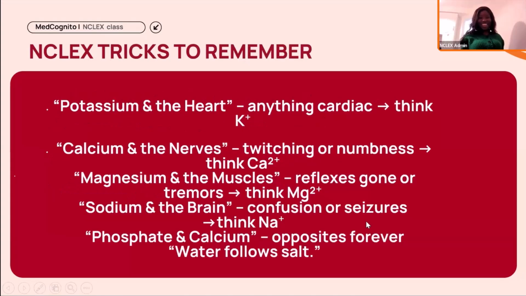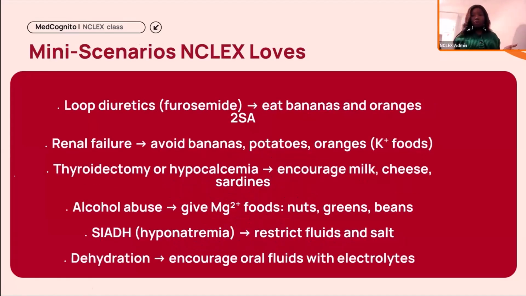Interesting. So remember, potassium is for the heart, calcium for the nerves, magnesium for muscle, and sodium has a lot of impact on the brain. That client will have confusion, seizures. And phosphate goes with calcium; they have an opposite relationship. And remember, wherever sodium goes, water will follow also.